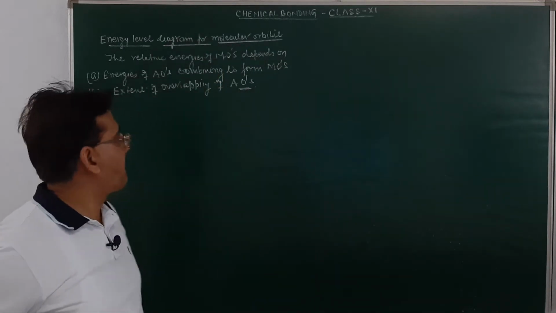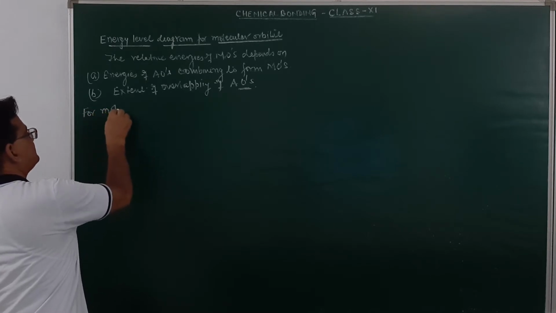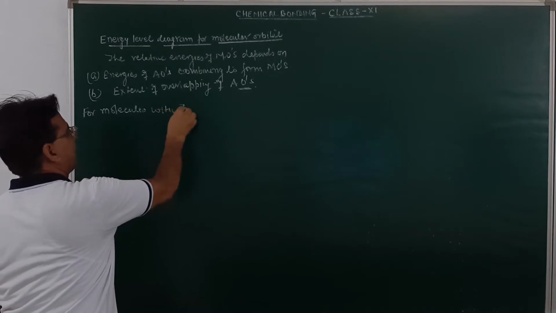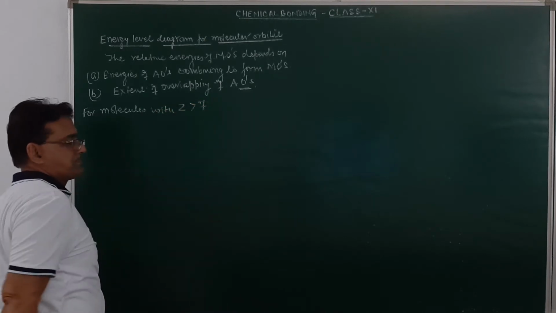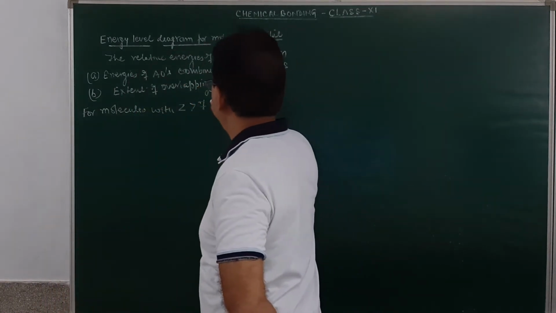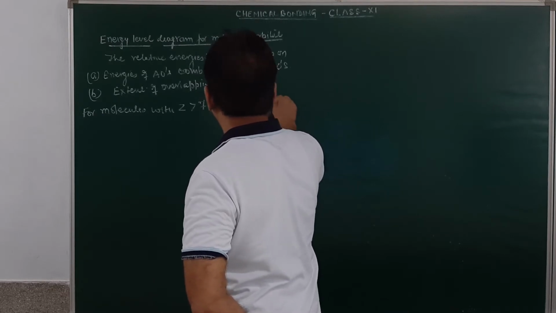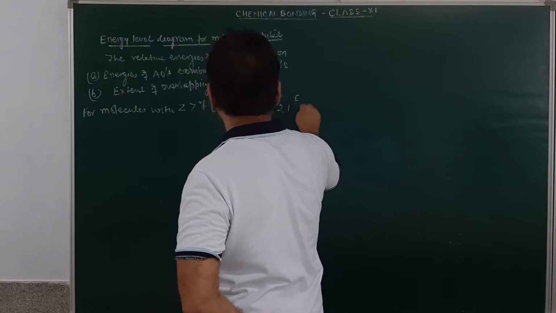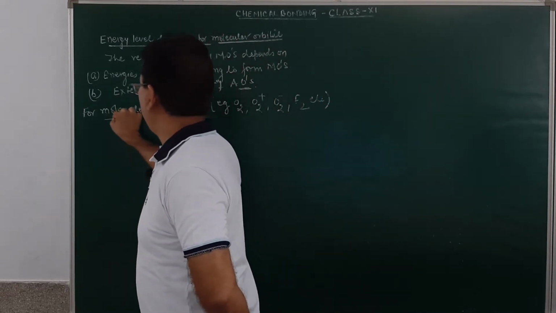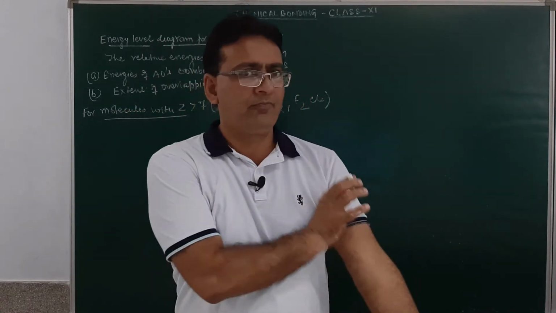Always remember, first, for molecules with Z, the atomic number, greater than 7, as for example oxygen, O2 positive, O2 negative, fluorine, etc.